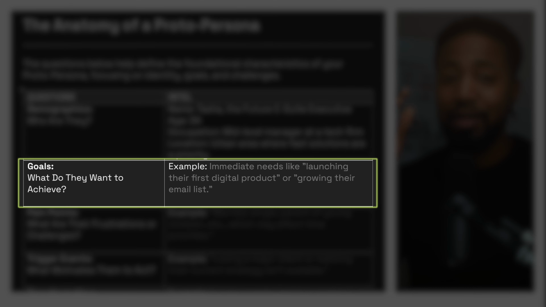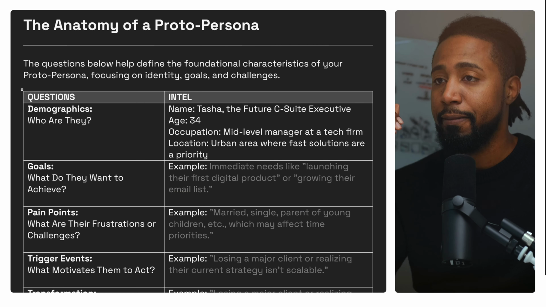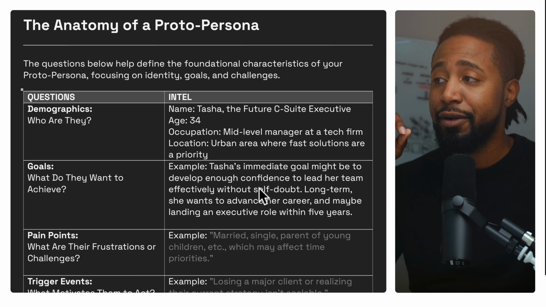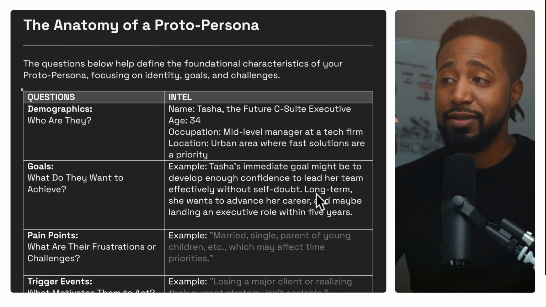So next is going to be goals. The question that we answer here is, what do they want to achieve? And try to get specific. Are they aiming to earn a certain amount of revenue or maybe expand their team? The more details, the better. So for Tasha, her immediate goal might be to develop enough confidence to lead her team effectively without self-doubt.